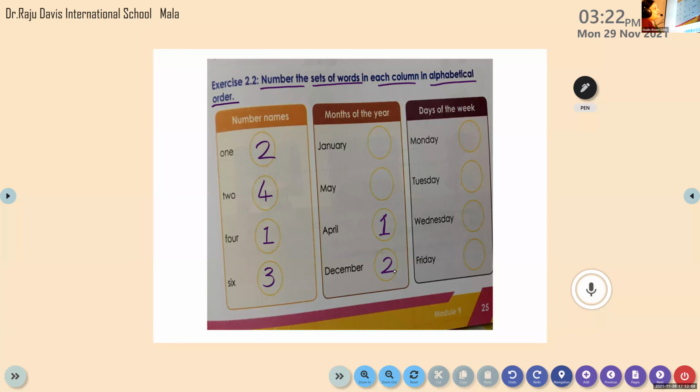Which one will come at number 3? January. Okay, you're right. Very good. Aradhya, number 4. May. Yes. Very good.